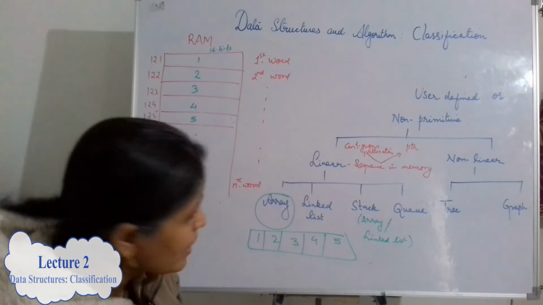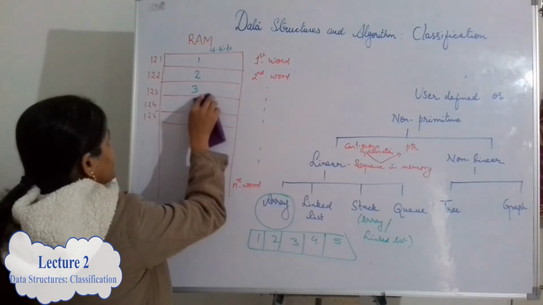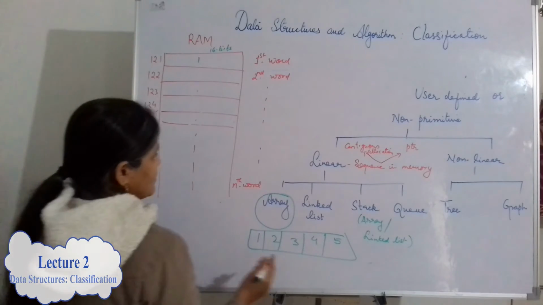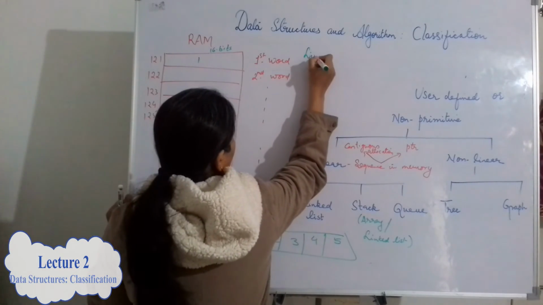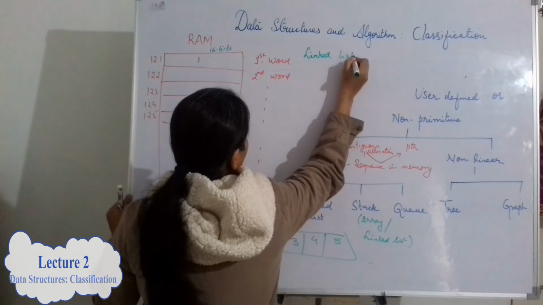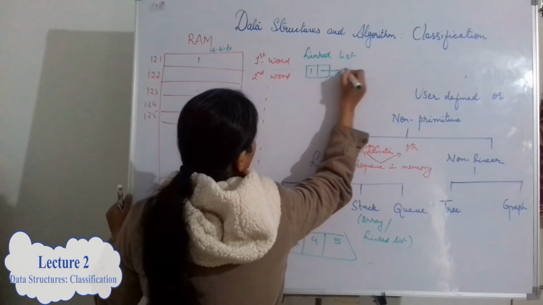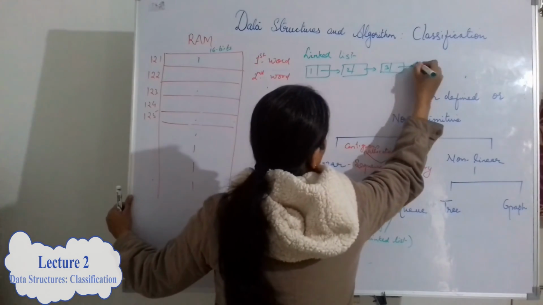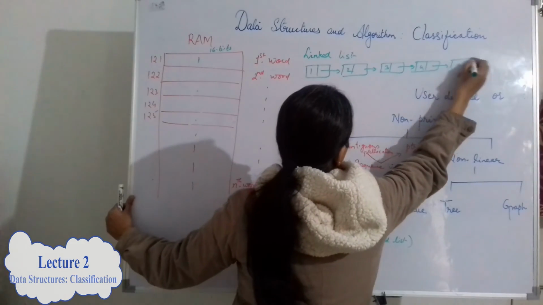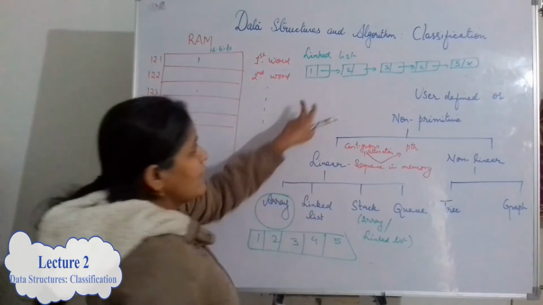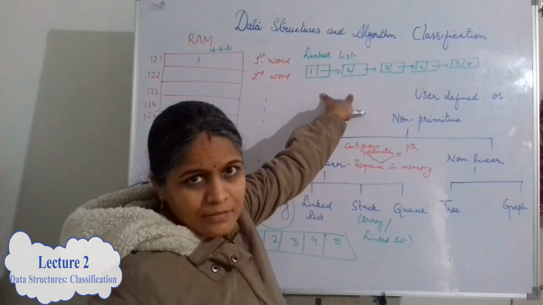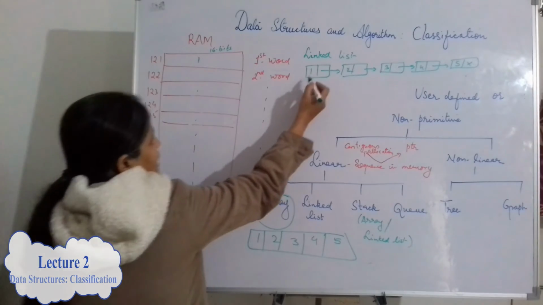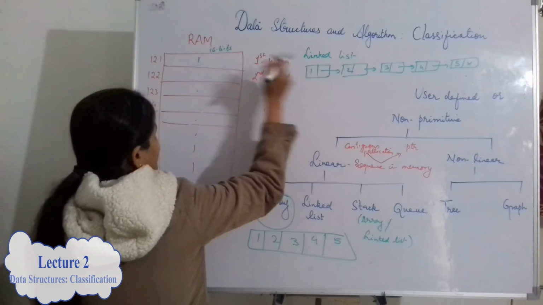For a linked list, how is this sequence maintained? For example, we would like to store 1 in the linked list. This list we have already seen in the introduction of data structures. So 1 is stored and along with 1 the address of the second element is stored.